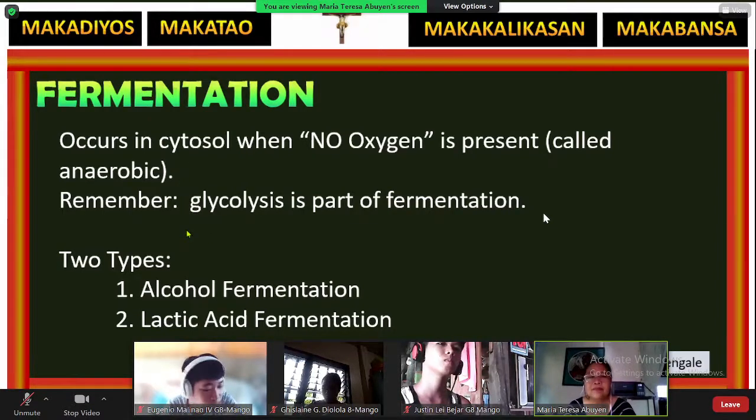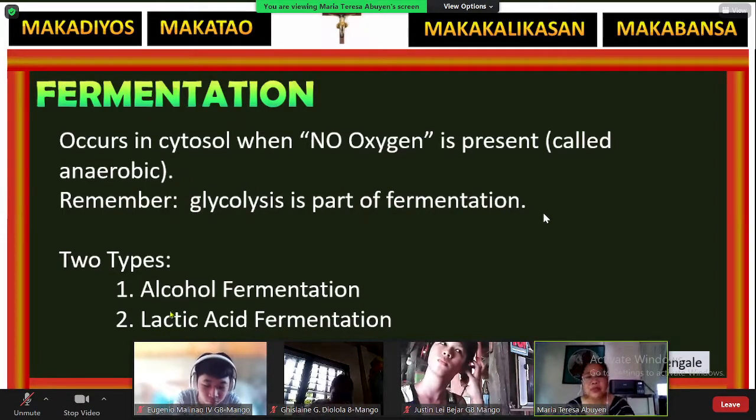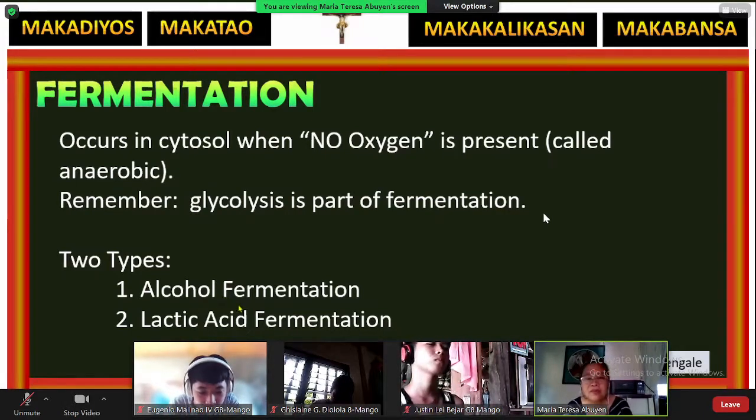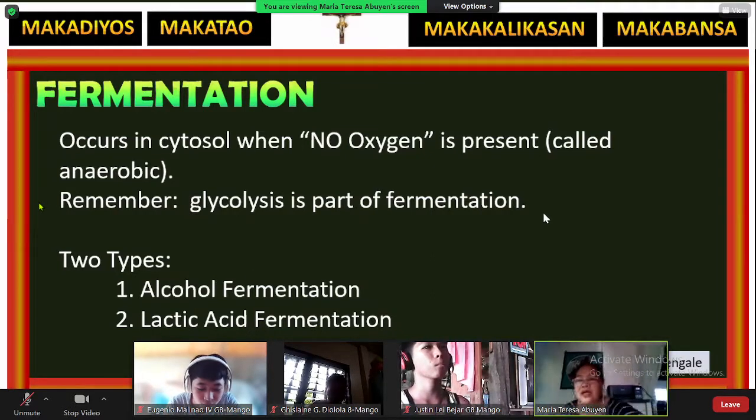Now, there are two types of fermentation. One is alcoholic fermentation. The other one is lactic acid fermentation. Alcoholic fermentation takes place in plants.